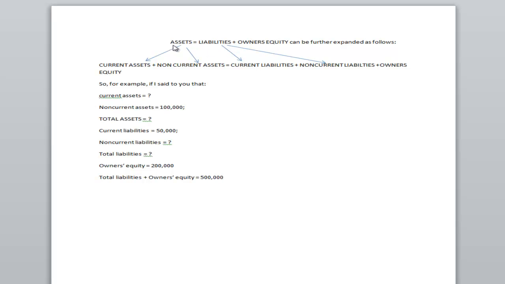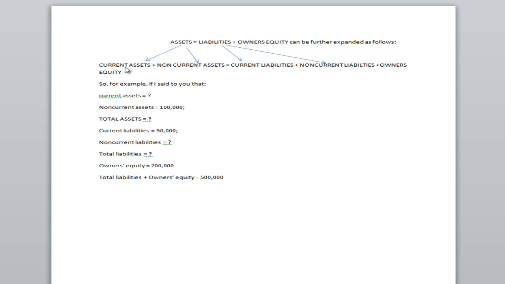We've learned so far in previous units that assets are of two types, current and non-current. Liabilities similarly, current and non-current. So you can see here that we've expanded the accounting equation to show the different elements that can make up assets. Current assets would be those amounts that are turned over quite frequently and that aren't on our balance sheet for more than a year.